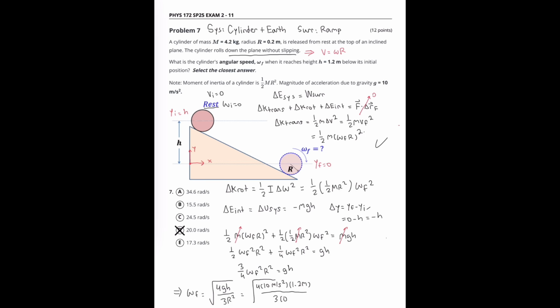So 3 times 0.2 meters squared. And that will give us approximately 20.0 radians per second. And this will correspond to answer choice D.